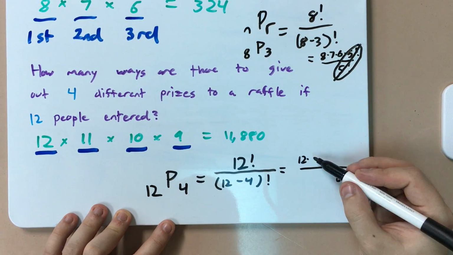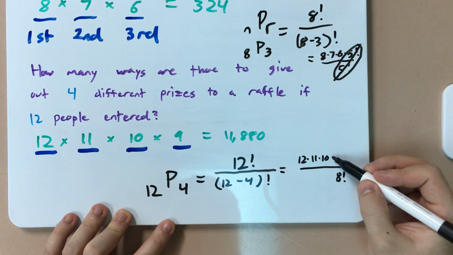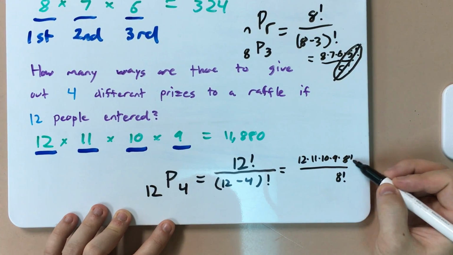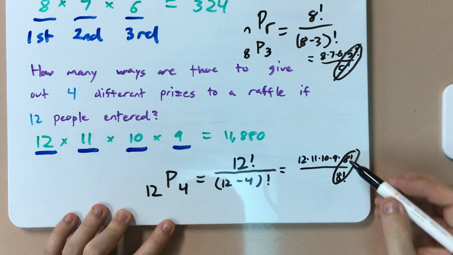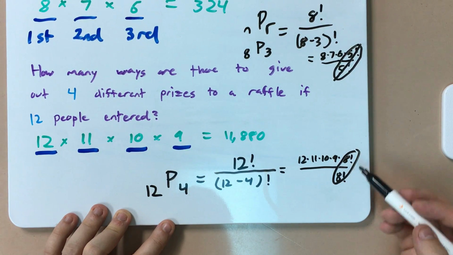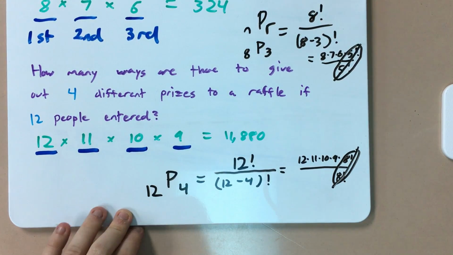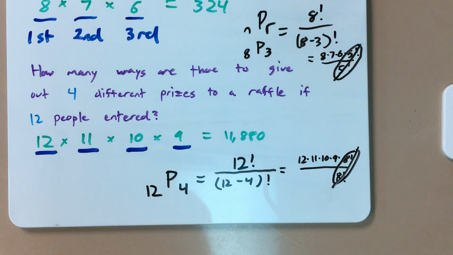So this could be rewritten as 12 times 11 times 10 times 9 times 8 factorial. Just like the above example, I can take 8 factorial and just cross it out from the numerator and the denominator.